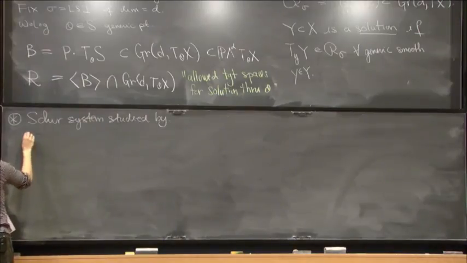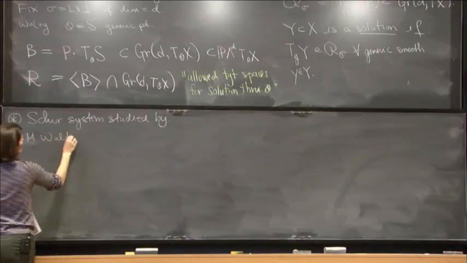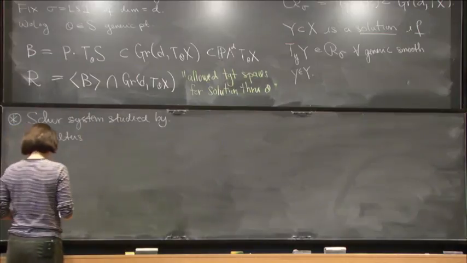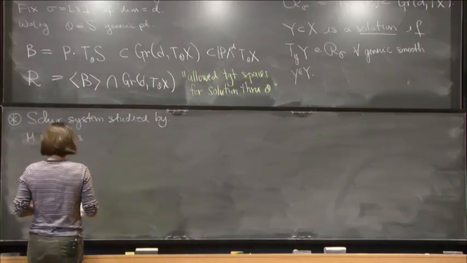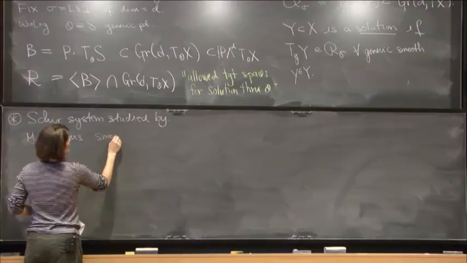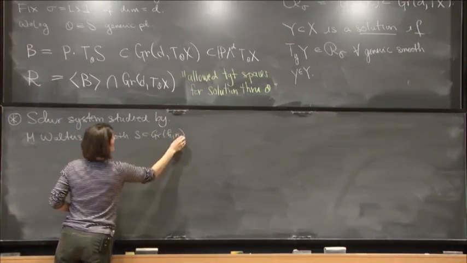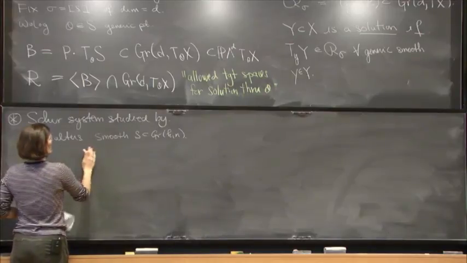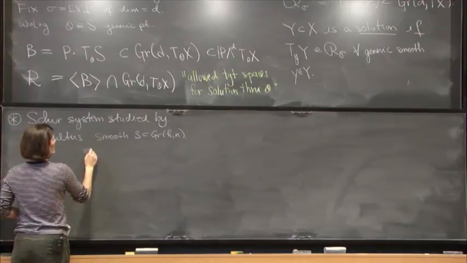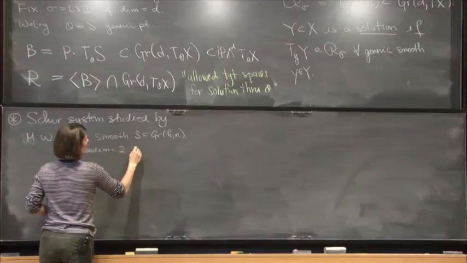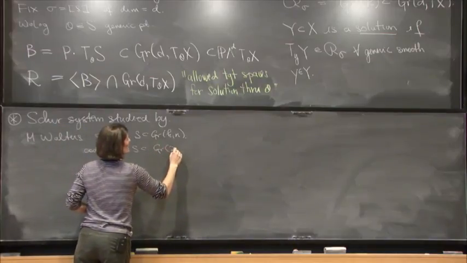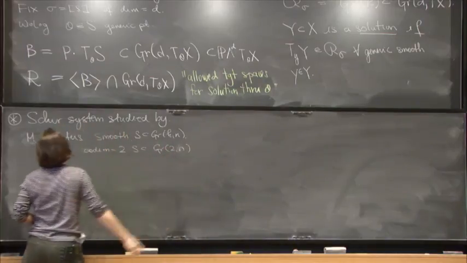First, Maria Walters, as I mentioned, in 1997. She looked at smooth Schubert varieties in Grassmannians of codimension 2, S in Grassmannians of two planes.